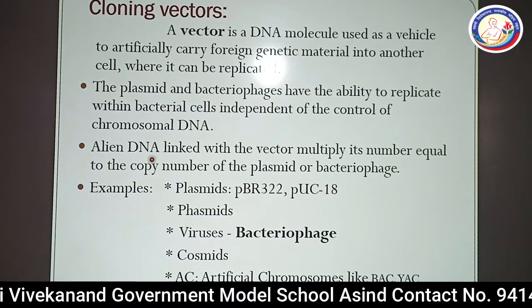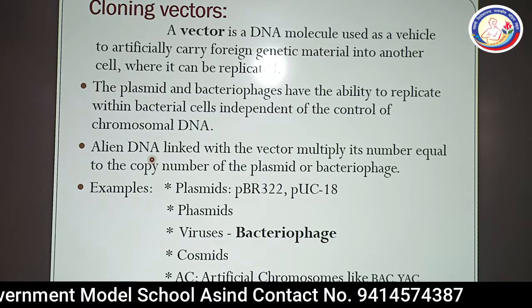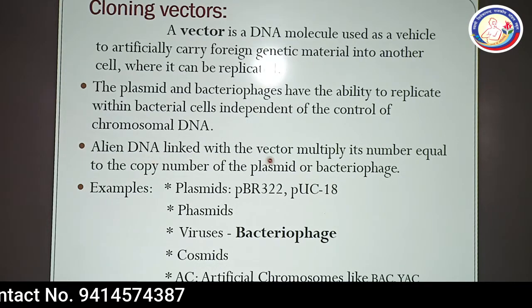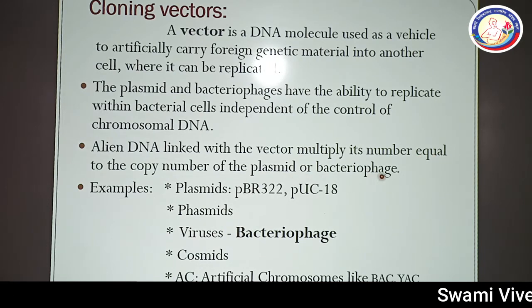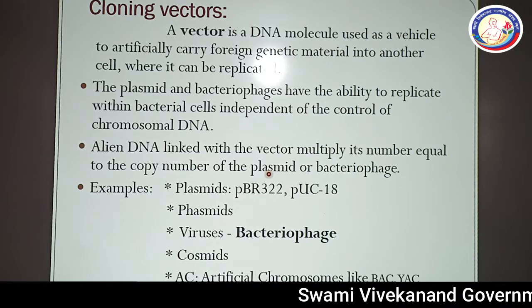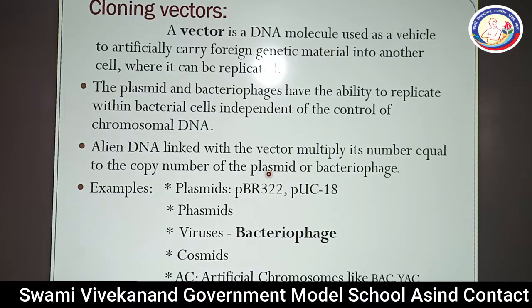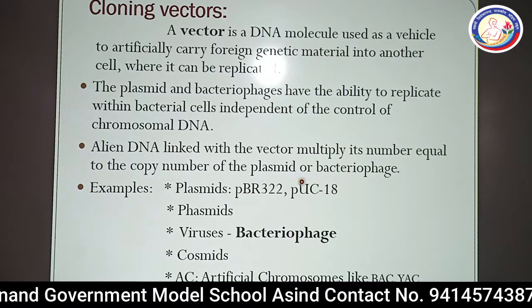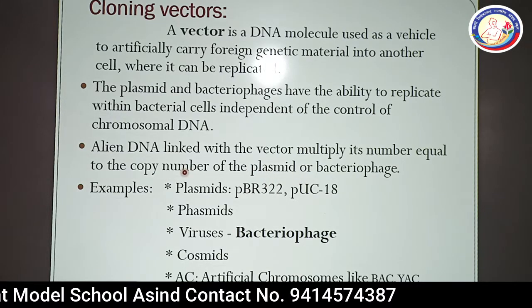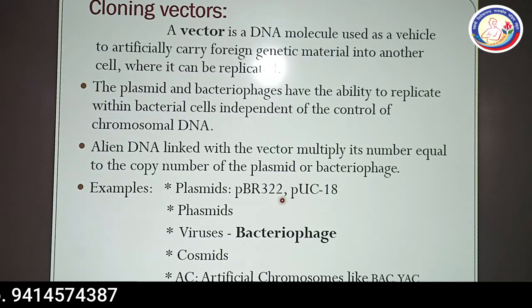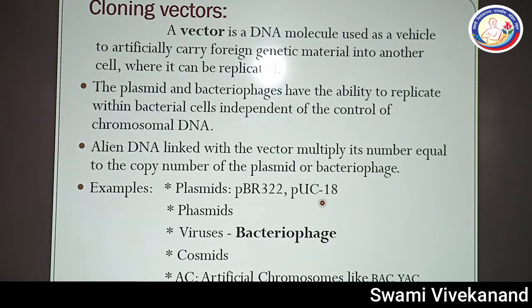Alien DNA, the foreign DNA, or in other words the desired gene linked with the vector, multiplies its number equal to the copy number of the plasmid or bacteriophage. The well-known examples of plasmids are pBR322 and pUC18. You need to remember these two important examples.